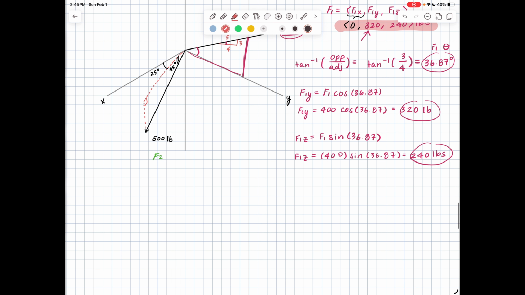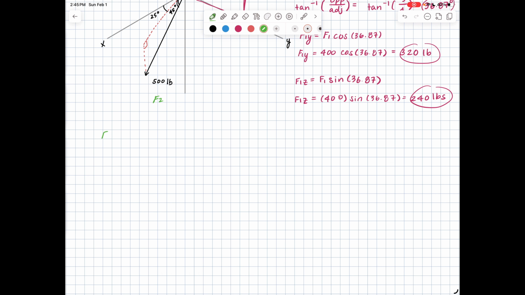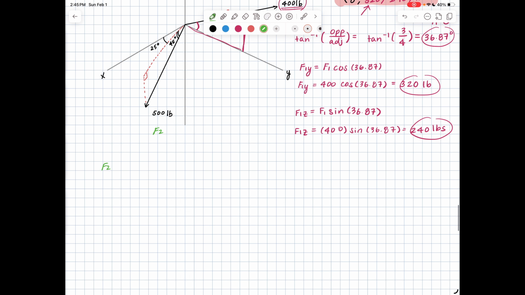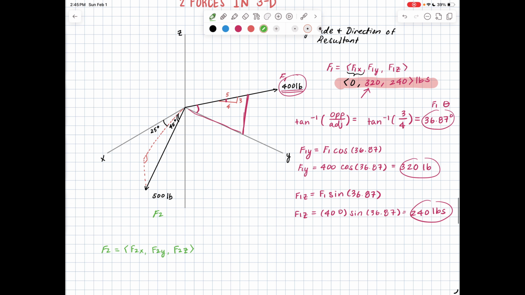And now let's move on to our F2 component. So F2 has the components F2x, comma, F2y, comma, F2z. So looking at this diagram over here, we see that this vector is in all three dimensions.